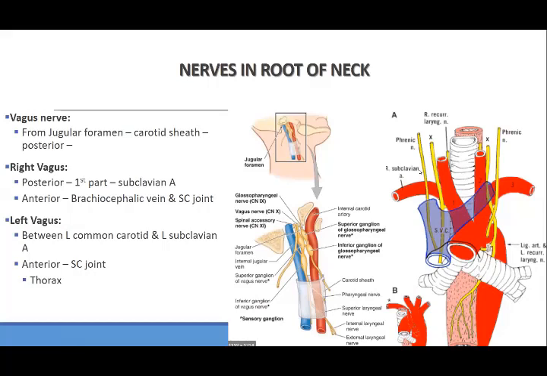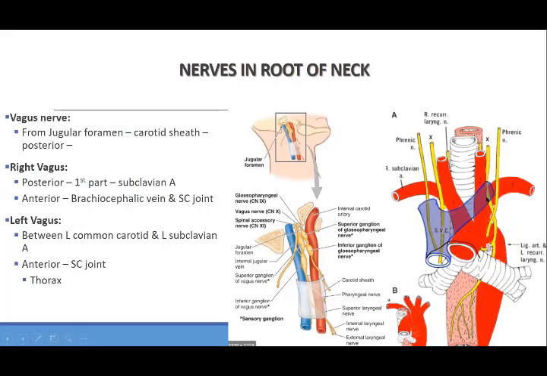One by one, ये देख लीजिए, right side की 10th cranial nerve है, और ये left side की 10th cranial nerve है. Left side में आप देख लीजिए, the 10th cranial nerve is running between these two arteries. ये common carotid है, ये subclavian है. दोनों arch of aorta से arise कर रही हैं. Now this nerve passes in front of the arch of aorta. मैं left side की बात कर रही हूँ.